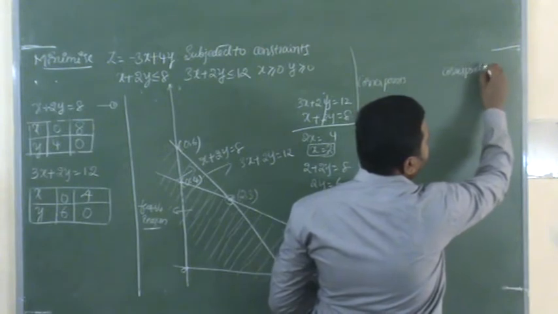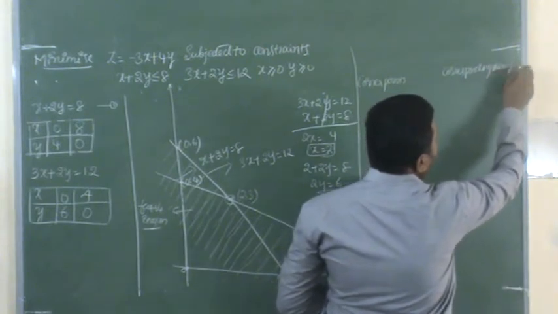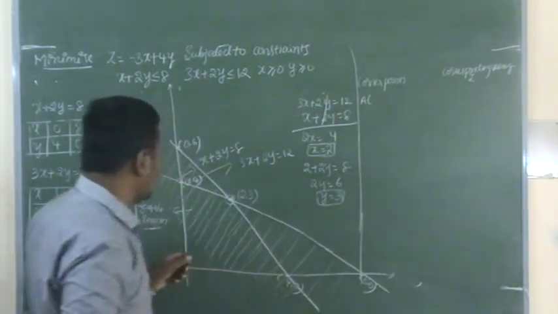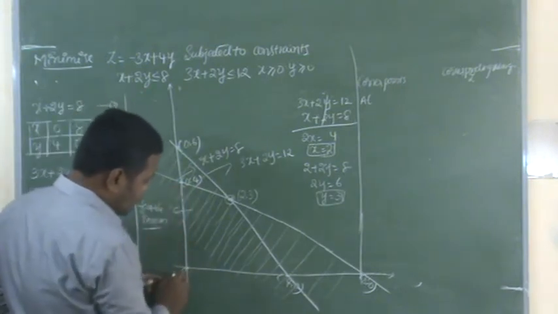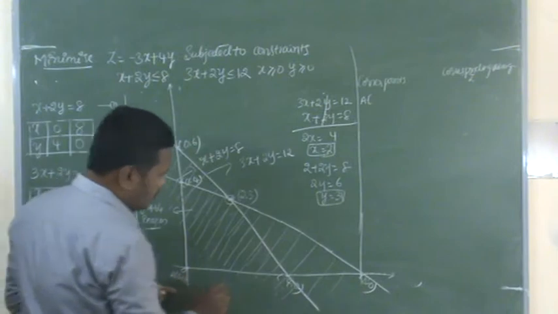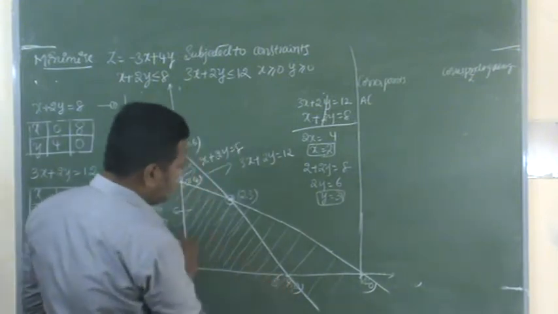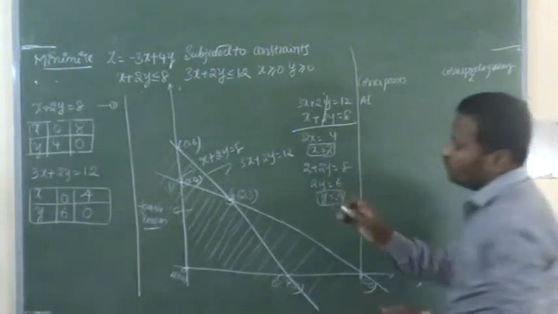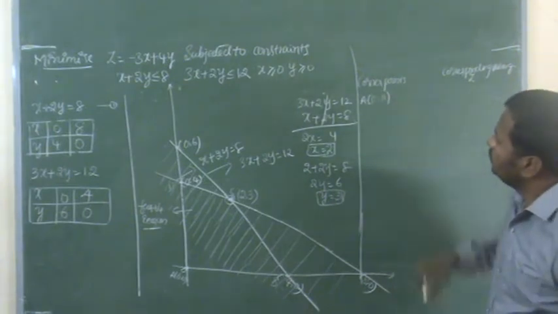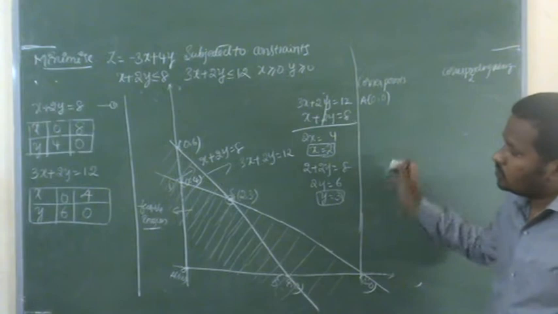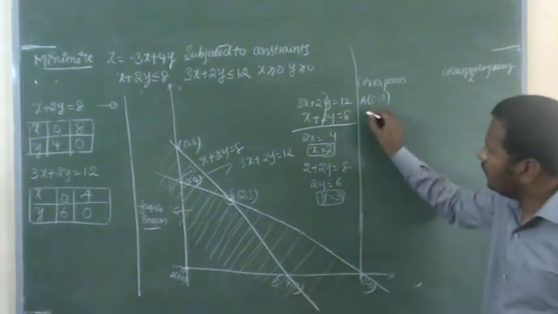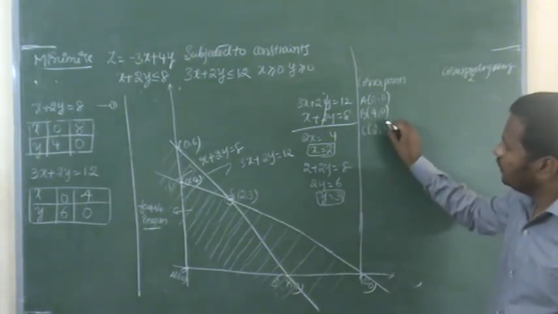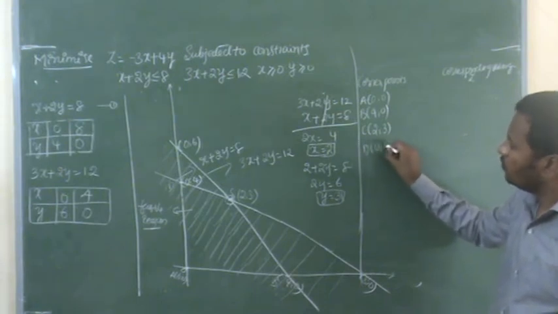The corner points are A, the origin, 0, 0; B, 4, 0; C, 2, 3; and D, 0, 4.